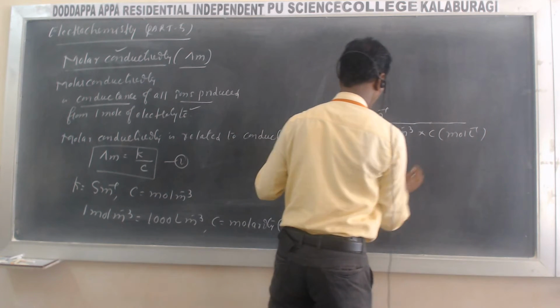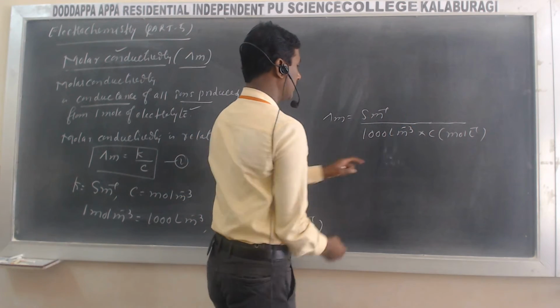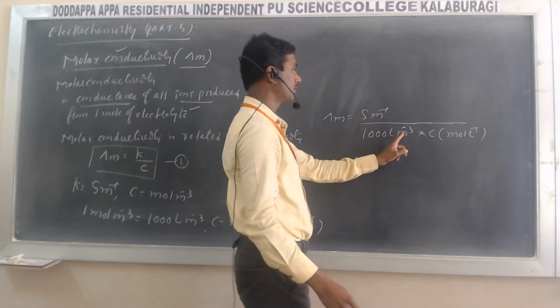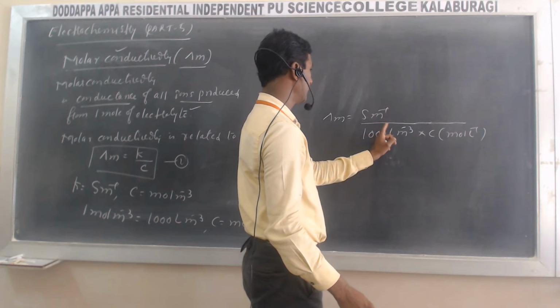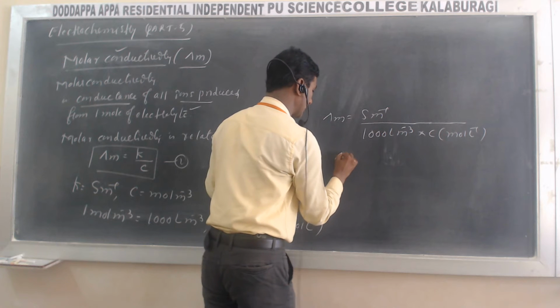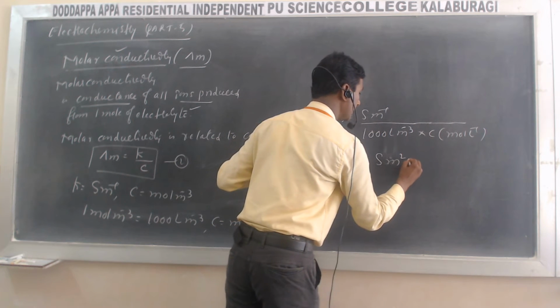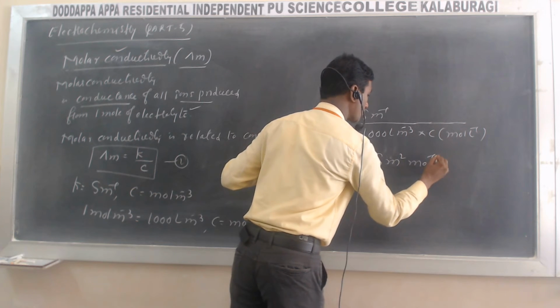So per meter cube comes to the numerator as meter cube, and with per meter we get the unit Siemens meter square per mole.